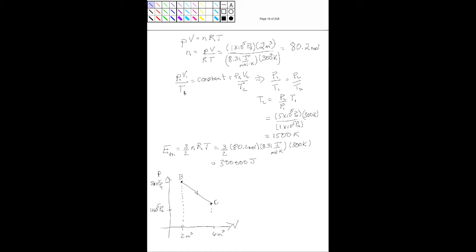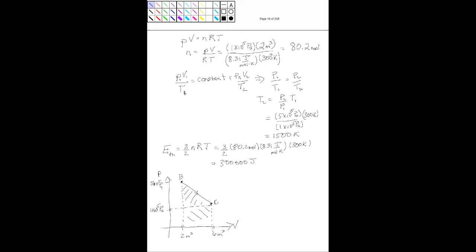And what's convenient here is that we can, oops, that should be a dashed line. What we can do is calculate the area in 2 parts. First, we can calculate the area of this triangle, and then we can calculate the area of this rectangle.